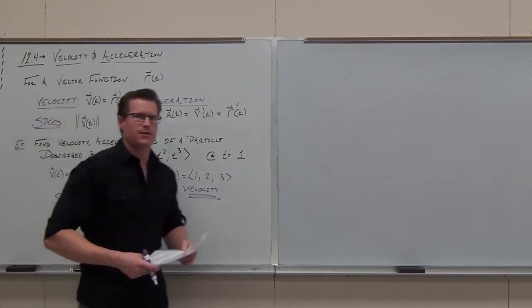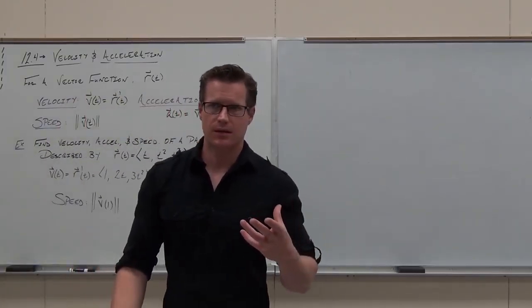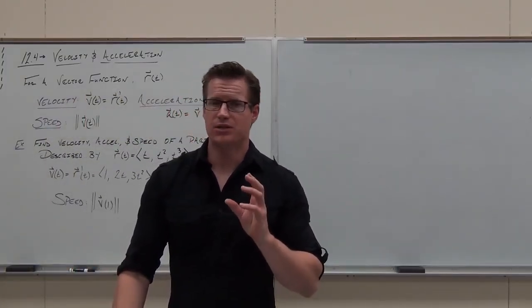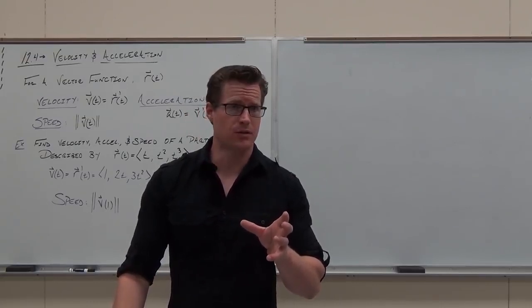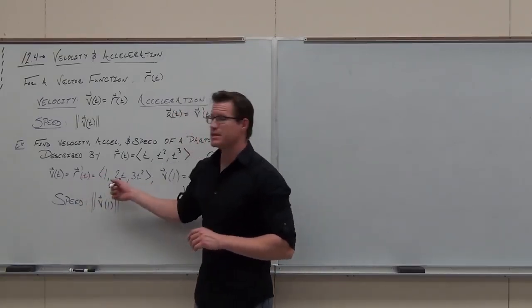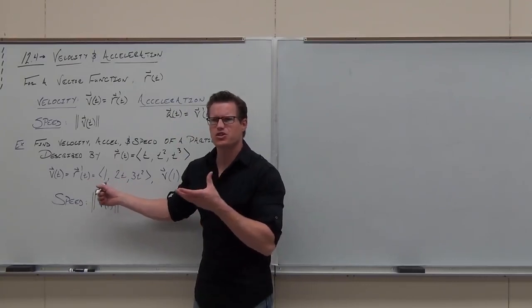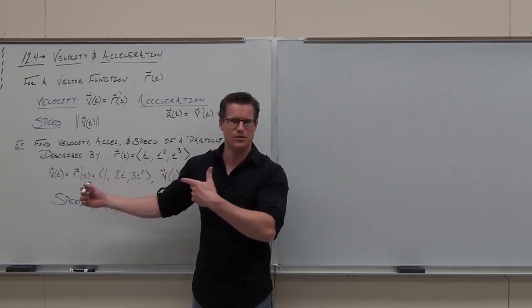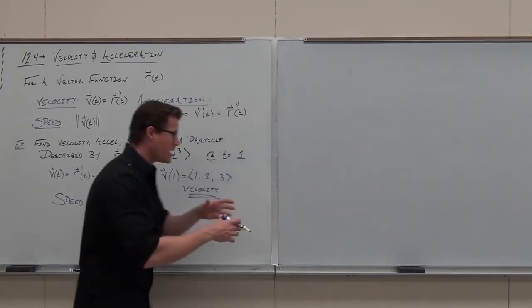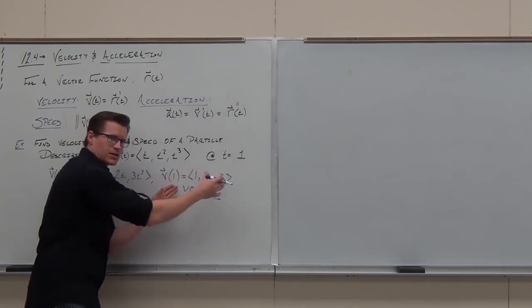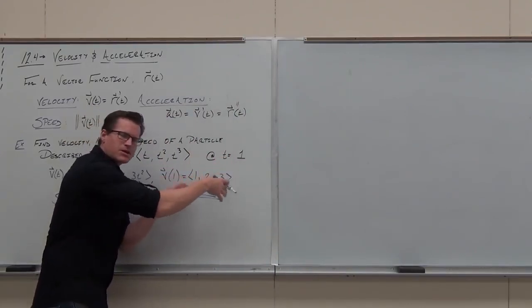If you needed to find the actual speed function, it'd be a scalar function. It would not be a vector. You'd find the magnitude of this piece. Does that make sense to you? The speed function would have t's in it still. You'd have to find the magnitude there. If you want just the speed at a time, plug the time into the velocity, then take the magnitude of this. It's much easier.